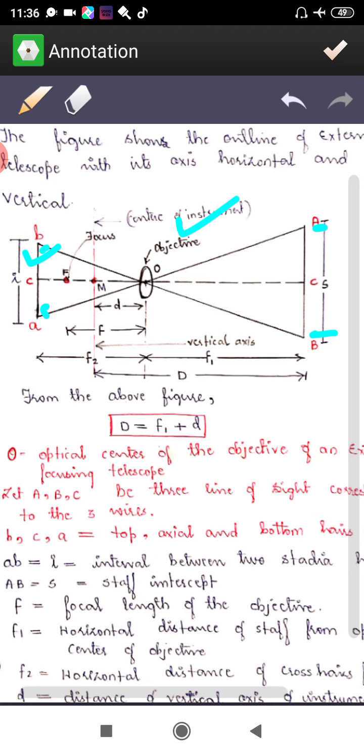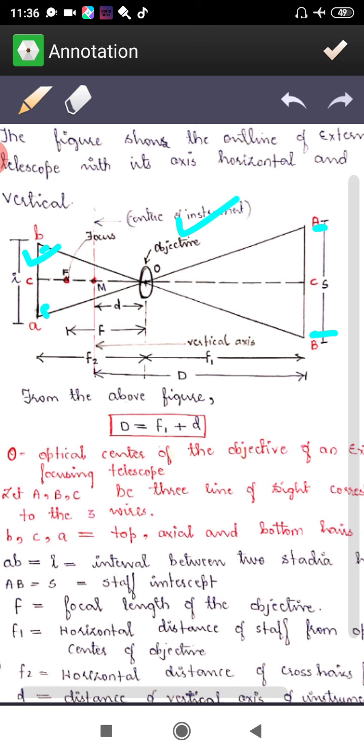Then we are having small d, the distance between the vertical axis and the optical center O, right?